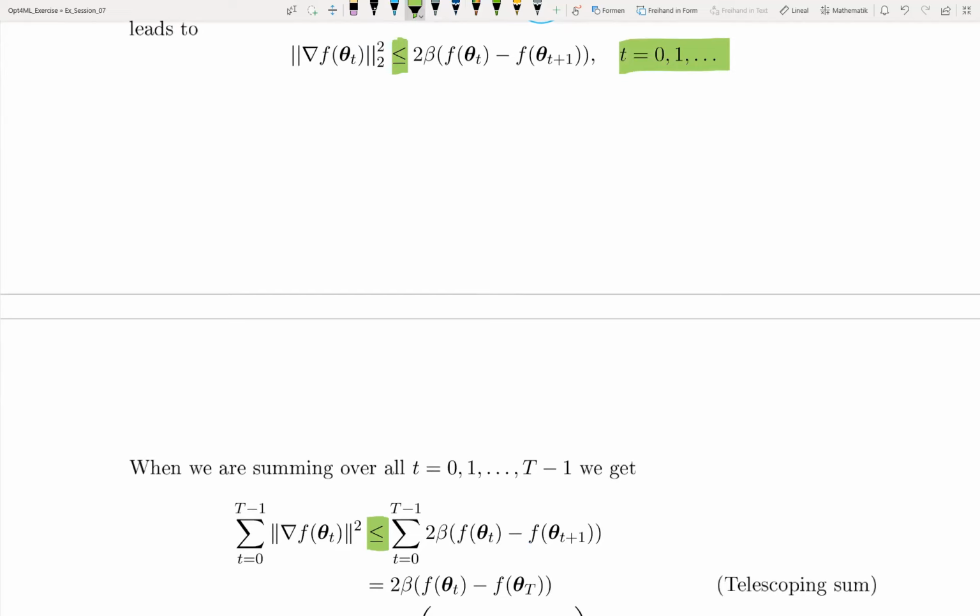We have here a telescoping sum, right? So this is 2 times beta, and the 2 times beta can be written in front of the sum. And what do we get here?